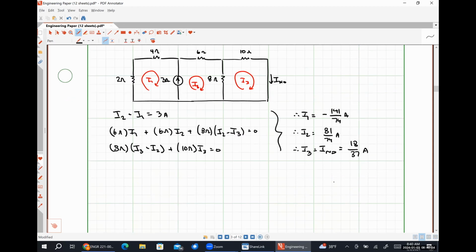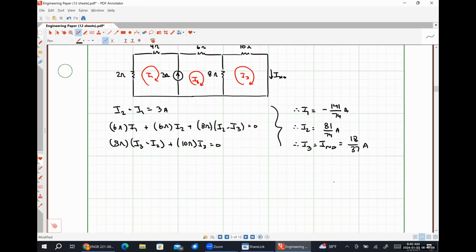All right, so we already know that R Norton, RTH, was 74/5 of an ohm from our previous work.